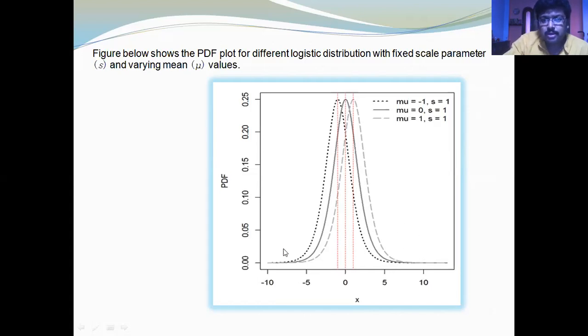And when the location parameter is 1 and the scale is also 1, then the dashed line here is the logistic distribution curve.